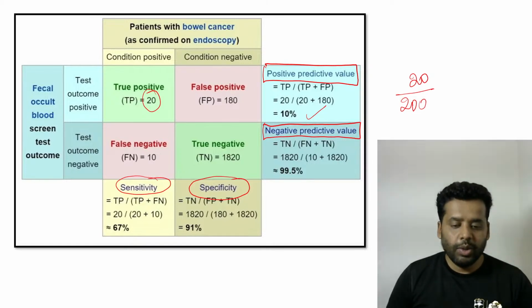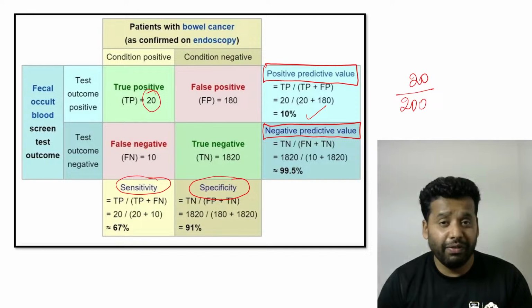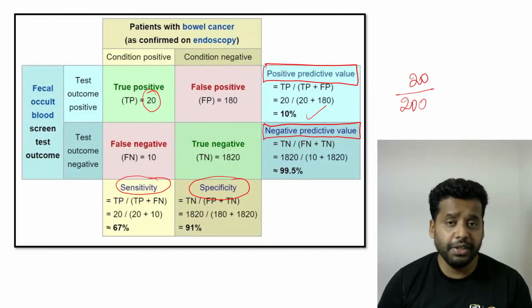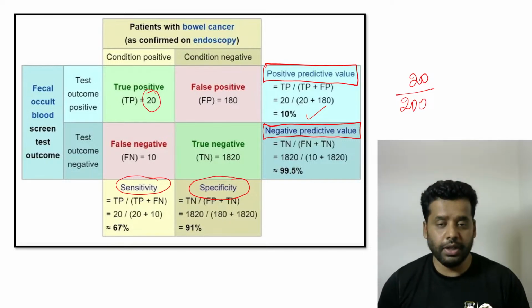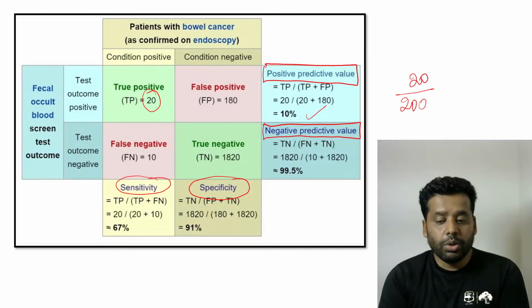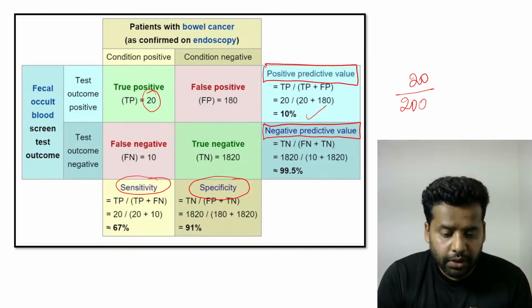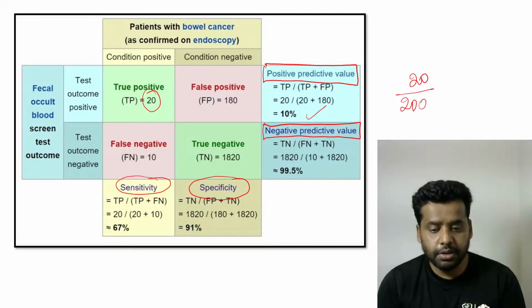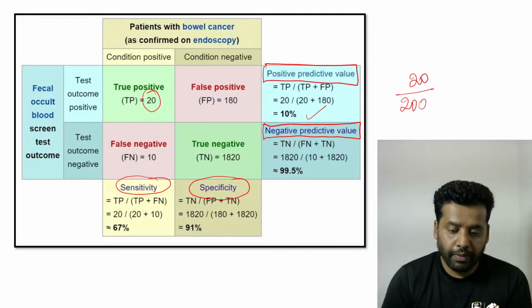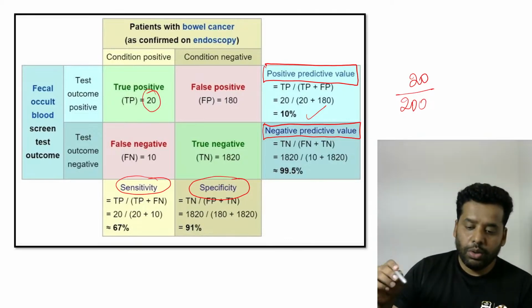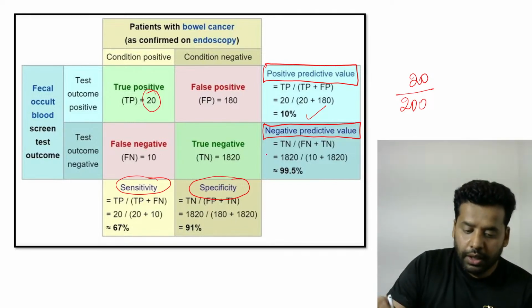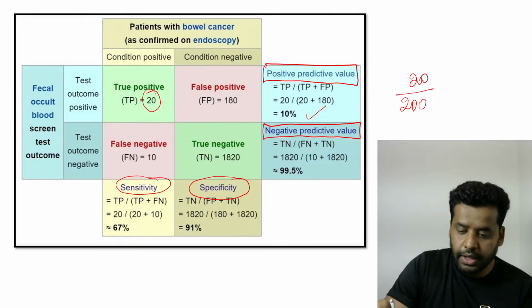In this test, positive predictive value is very, very less. 10% means it is very less. Remember this point. Out of total test positives, how many are having disease? That is positive predictive value. In the same way, out of total test negatives, 1830, how many are normal?